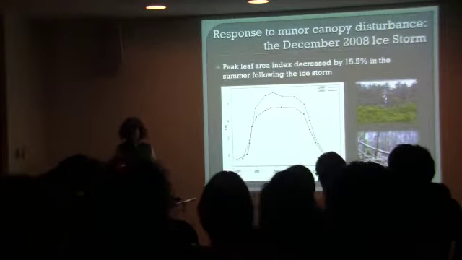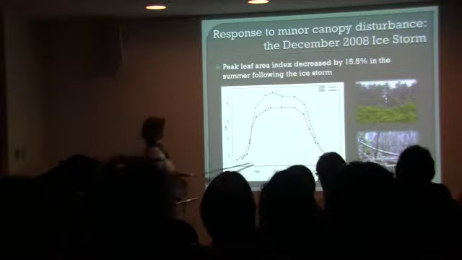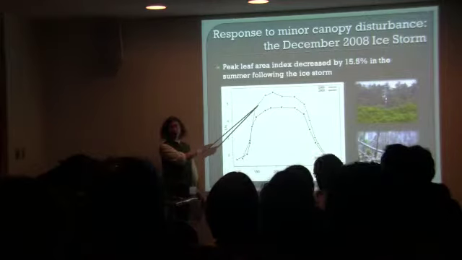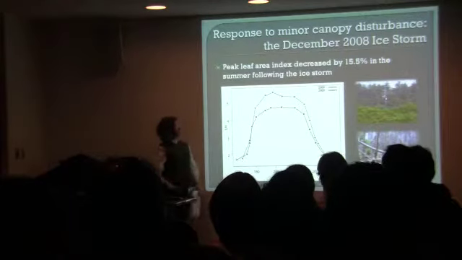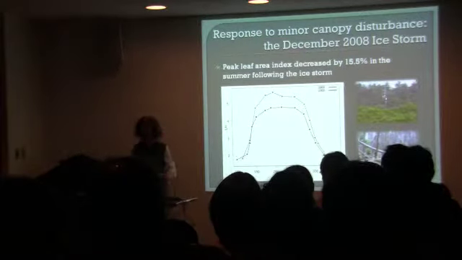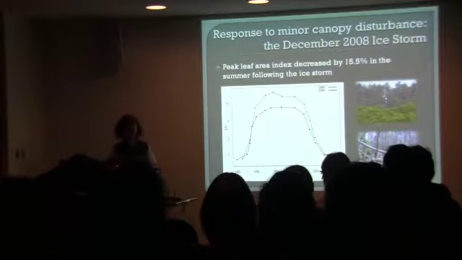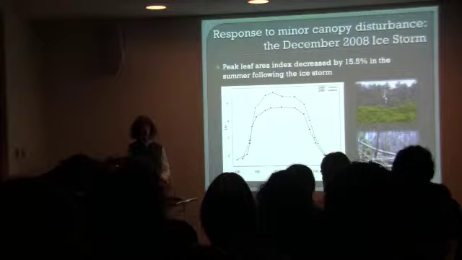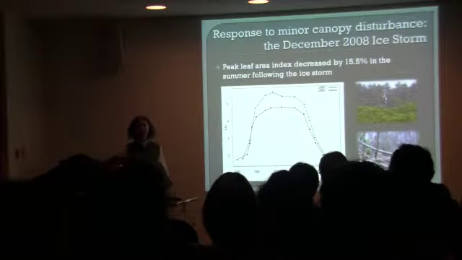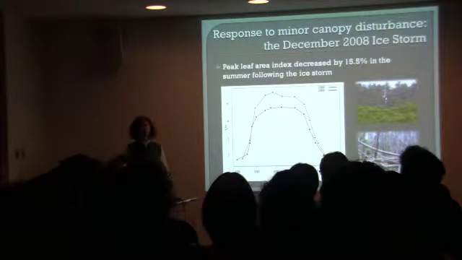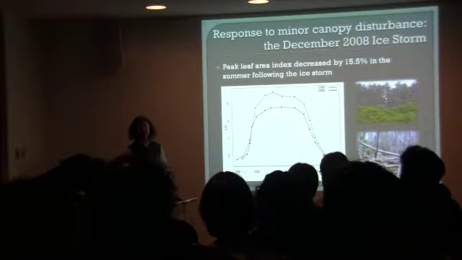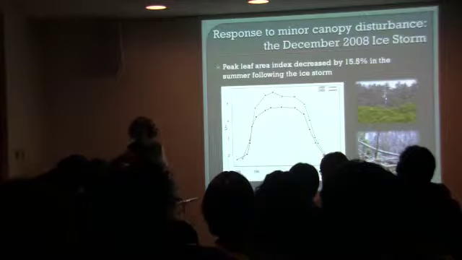They've been measuring seasonal time course of leaf area index. Comparing 2008, the season before the storm, versus 2009, the year after the storm, they saw more than a 15% decrease in peak leaf area index. That makes a lot of sense because there was a lot of twig and branch damage. We'll be going out again this summer to see how that is changing.